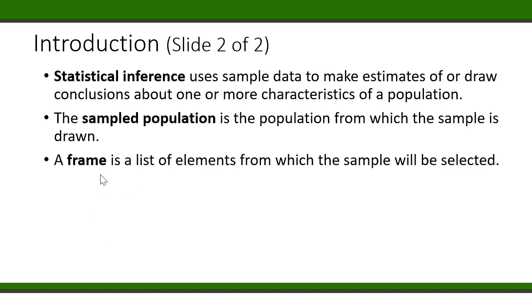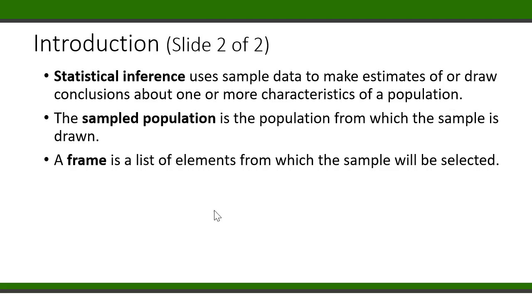So this is where statistical inference comes in, and we do that by using sample data to make estimates of the overall population. From those estimates, we can hopefully draw some conclusions about one or more characteristics of the entire population.